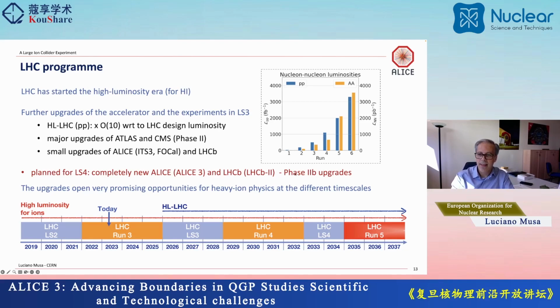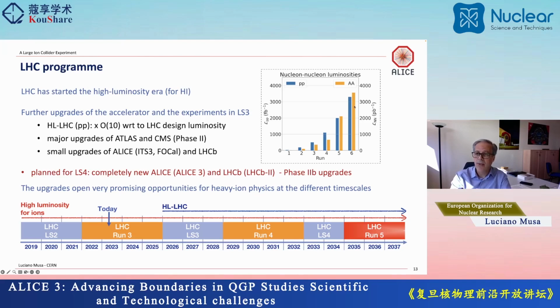And it's quite nice to see how over time, for instance, the luminosity, so the rate of collisions, is projected to increase. You see here in blue the luminosity for pp collisions, measured in integrated luminosity in inverse femtobarn.